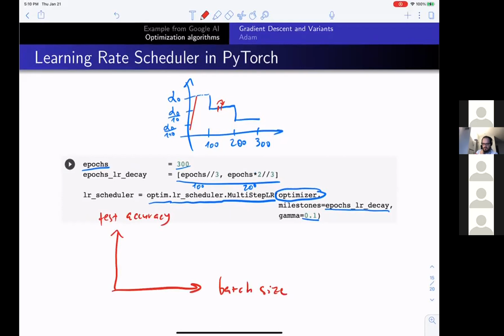How does this curve look? If your batch size is larger, your test accuracy is going to suffer, and so it's better to use smaller batch sizes for test accuracy. But if you use smaller batch sizes, your training will take much longer, so people would prefer to use large batches. And that's why they develop tricks.